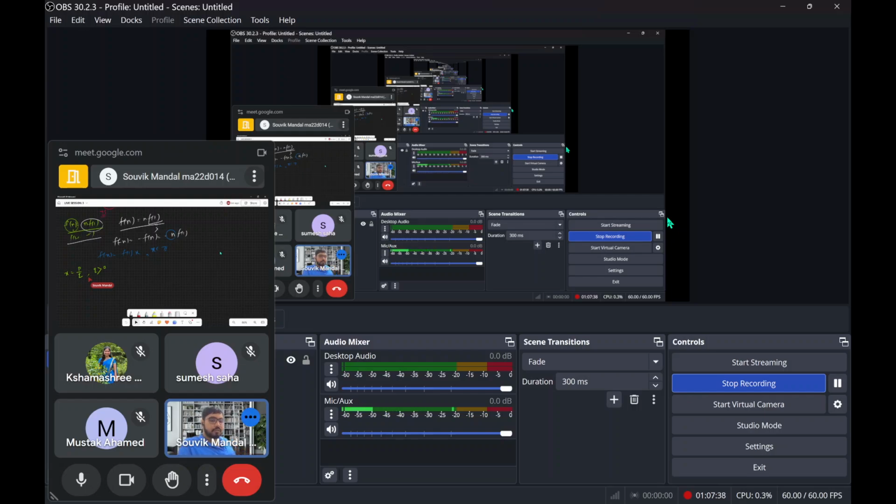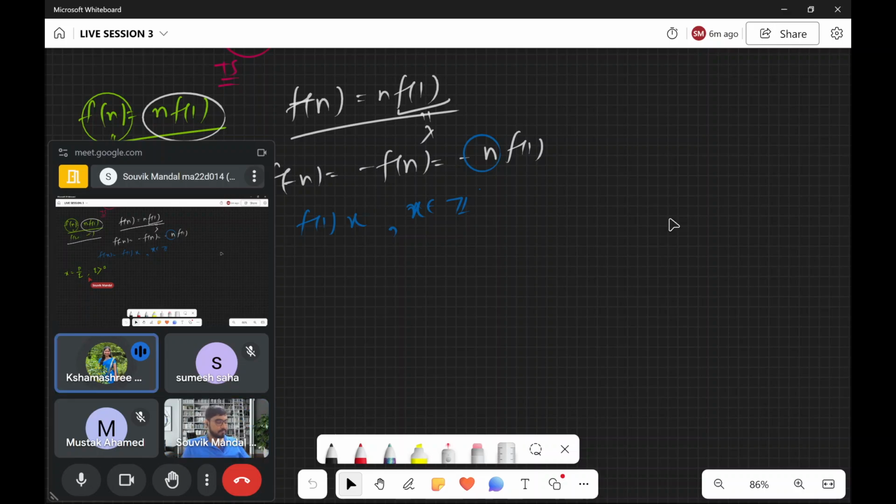Now the same trick, try to show it. Let x equal p by q. So f of p by q is equal to f of 1 by q plus 1 by q, p times. First of all we have to choose p to be greater than 0, right?